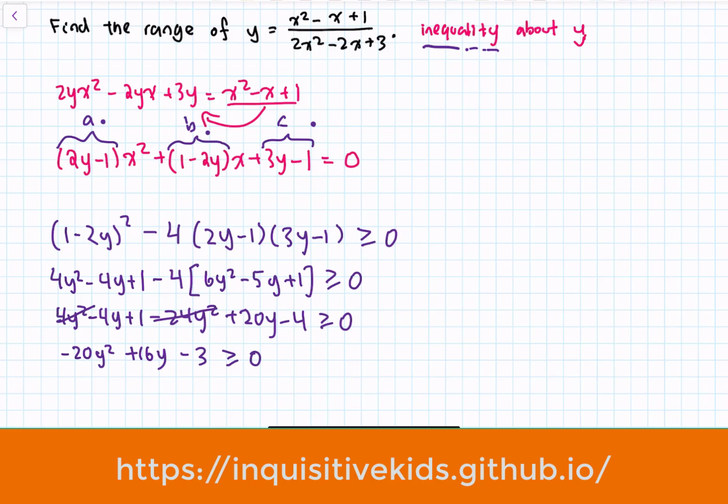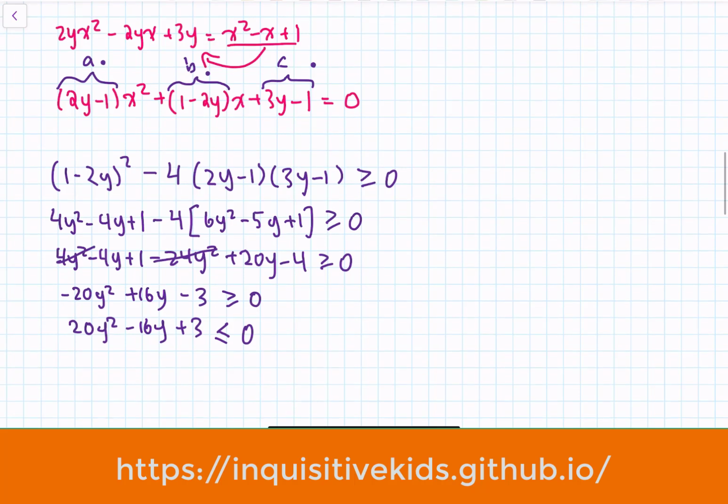Then we can go ahead and multiply negative 1 to both sides. 20y squared minus 16y plus 3 is, now we have to flip the sign, less or equal to 0. Then we could go ahead and simplify. When we simplify, we get 10y minus 3 times 2y minus 1 is less or equal to 0.